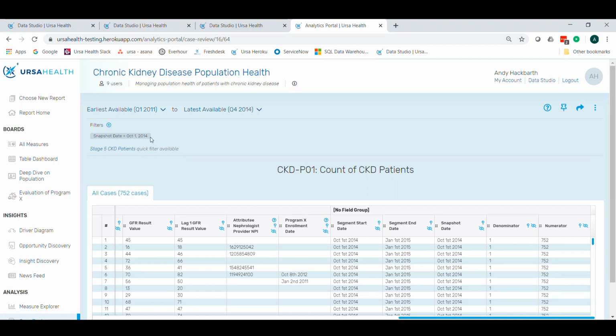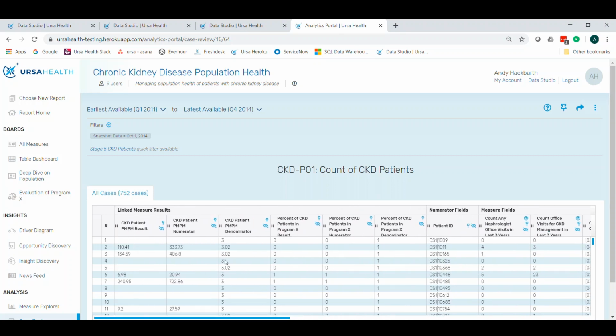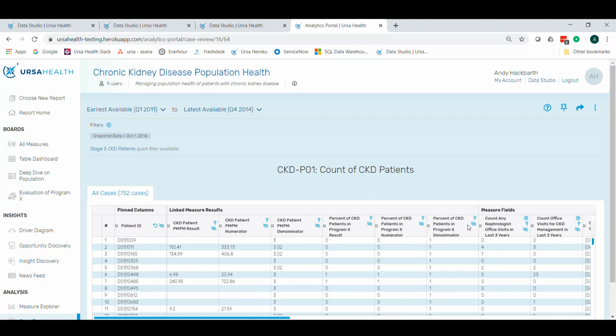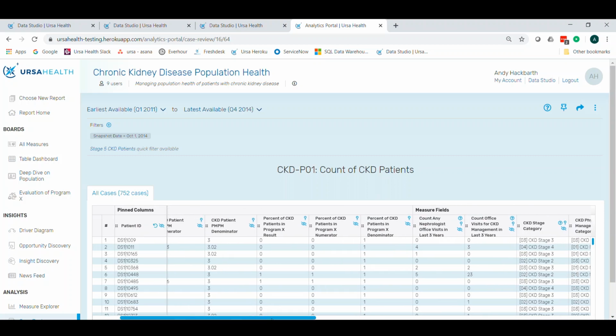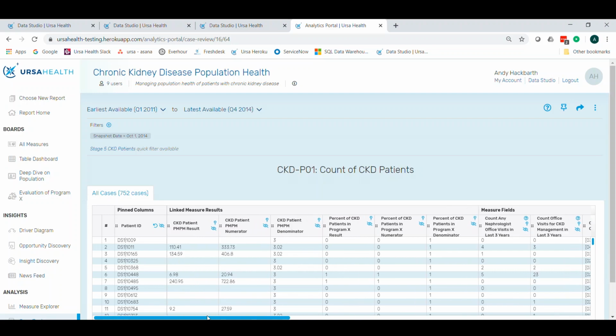And often what you're looking at is maybe the most recent available snapshot date. You can change this to look at other snapshot dates worth of patients. And so all of these patients here, as of October 1st, 2014, met the inclusion criteria of having CKD.